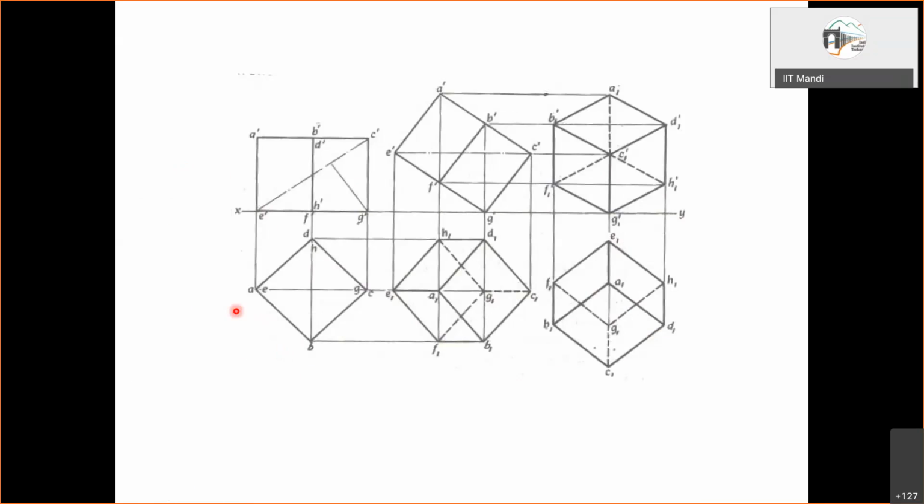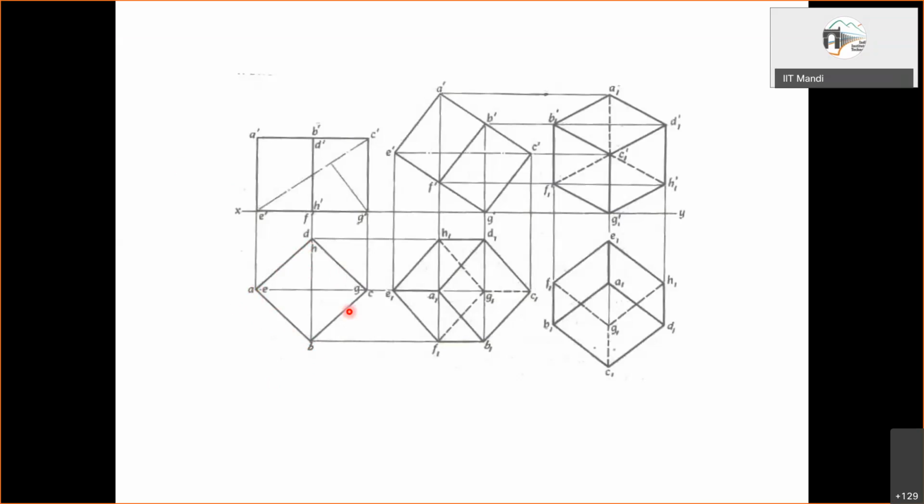Now in this top view, we can notice that the object is placed on the horizontal plane such that its vertical faces, like this line, are represented. This line represents a vertical face, likewise this one and this one also. So all these are equally inclined to the vertical plane.